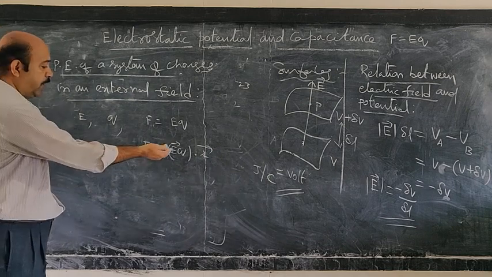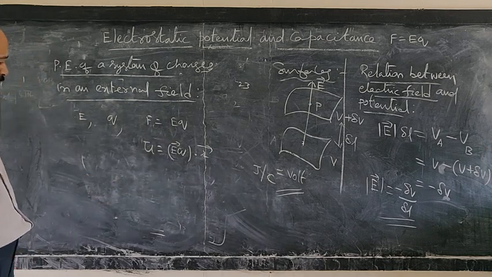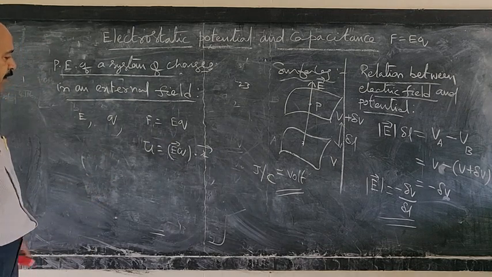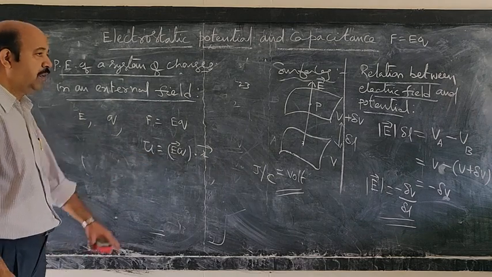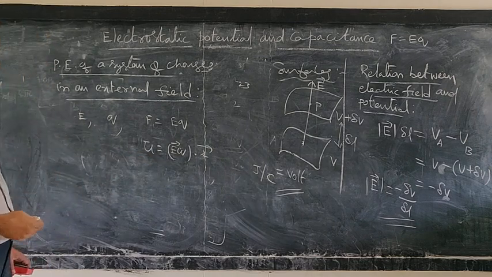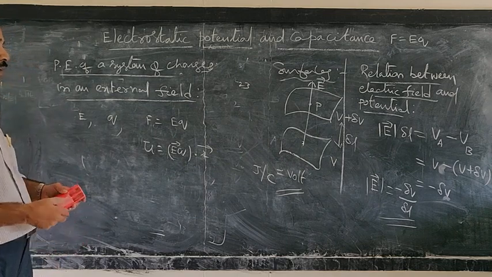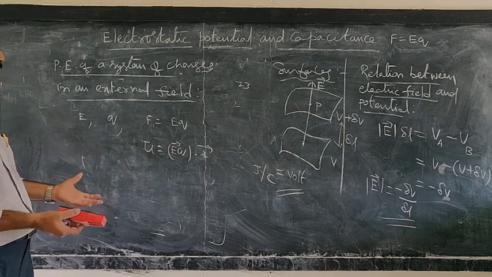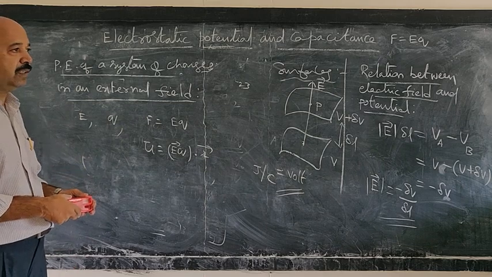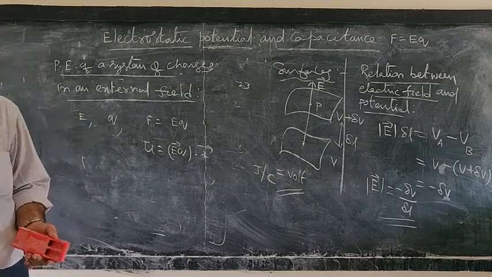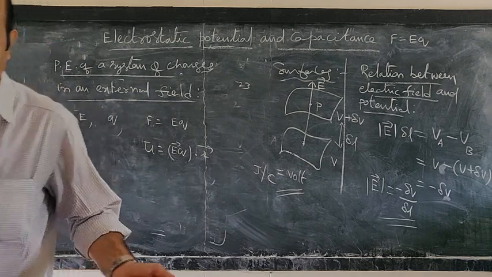So in this way you can calculate the potential energy of a charge. Suppose you are bringing a number of charges into an electric field, then how do you calculate that potential energy? Let us do that.